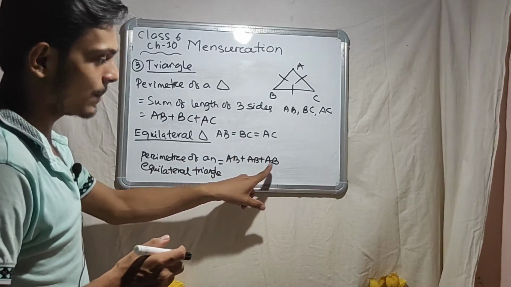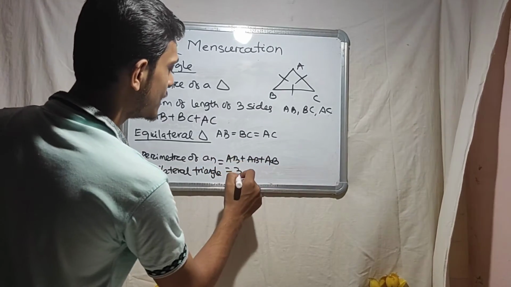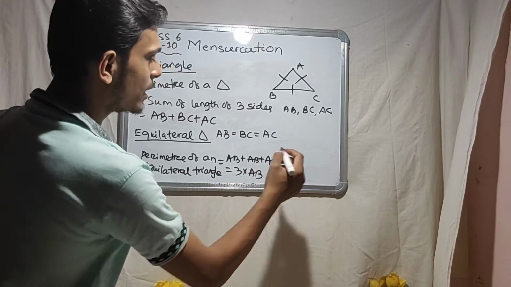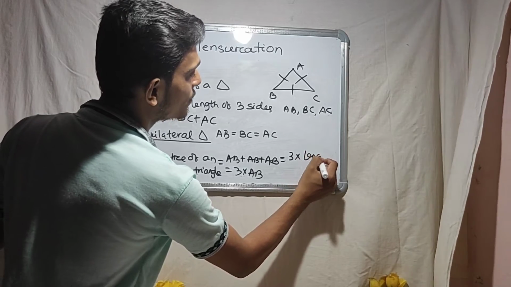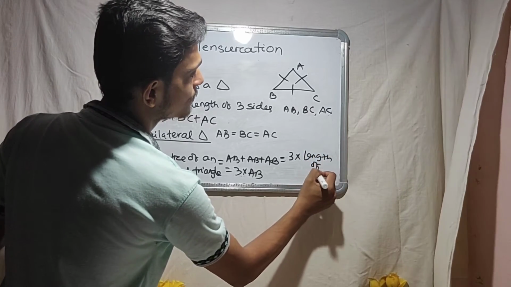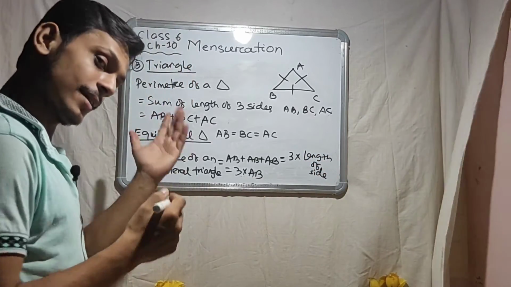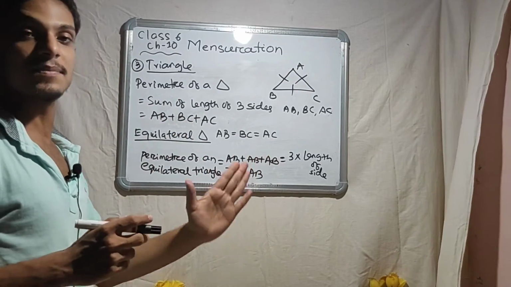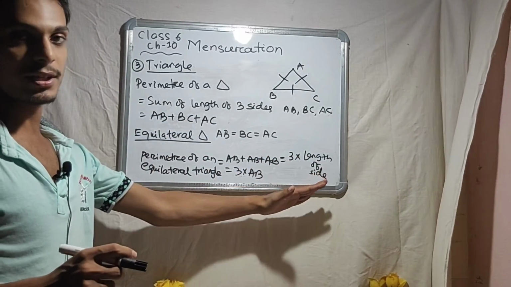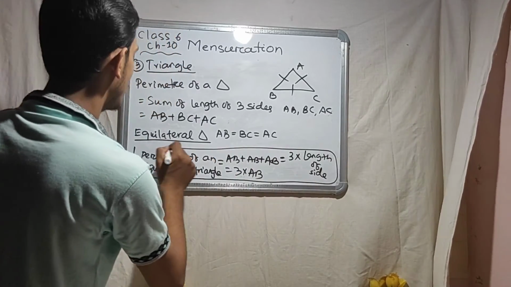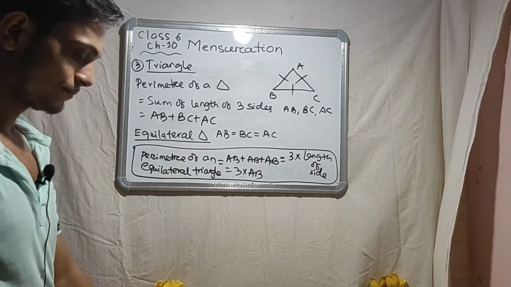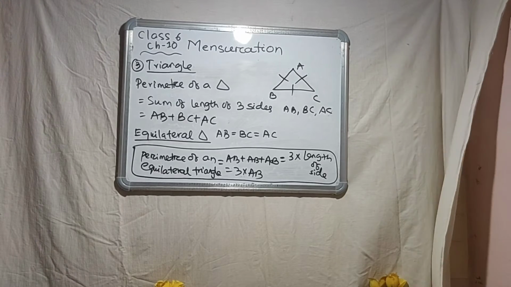So AB plus AB plus AB is 3 multiplied with AB. So it can be written as 3 multiplied with length of side. In case of square, it is 4 multiplied with length of side. Here it is 3 multiplied with length of side. So this is the formula for finding the perimeter of an equilateral triangle. Clear my point?